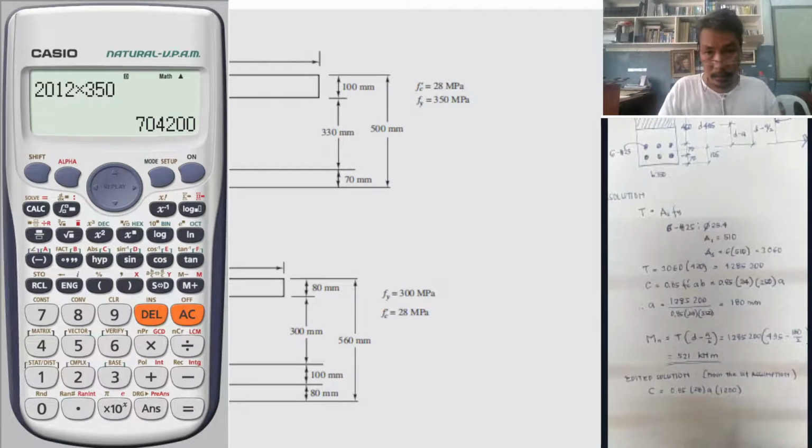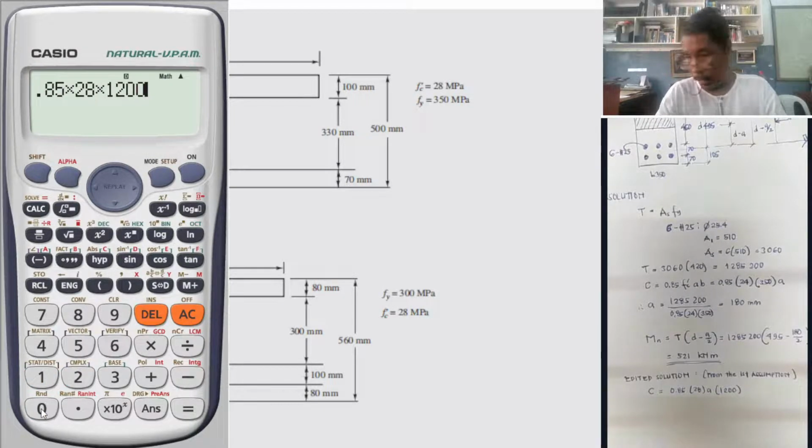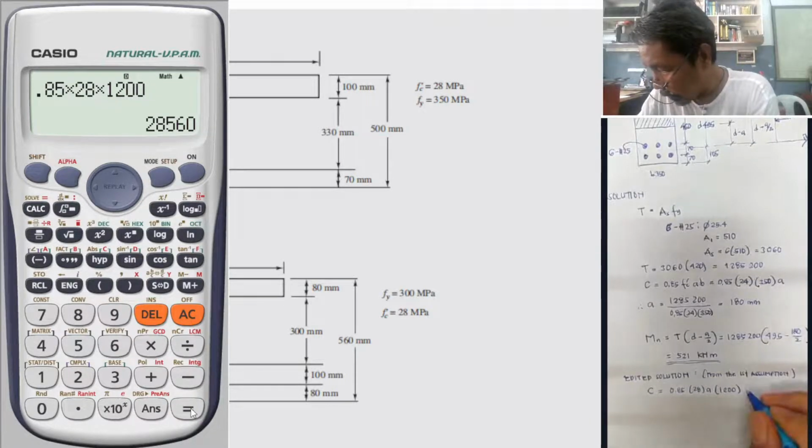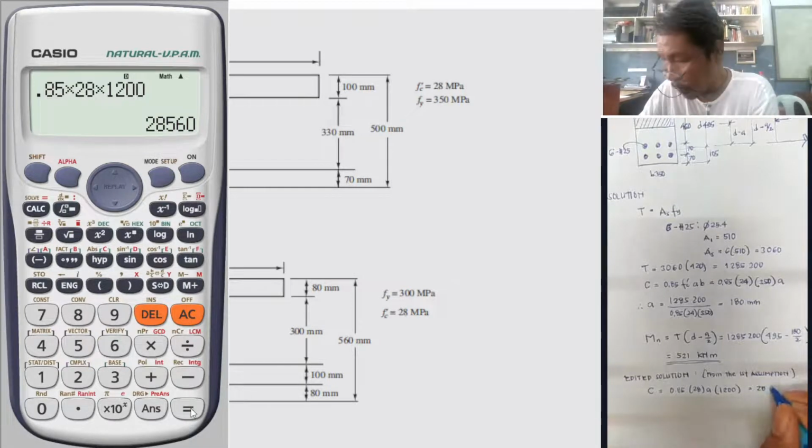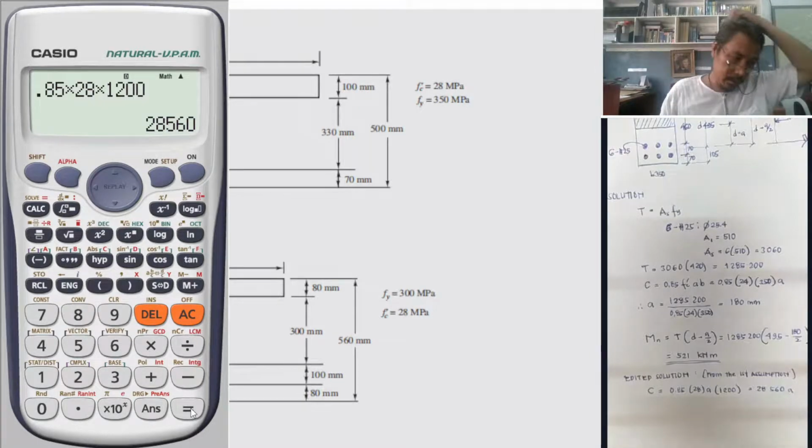So let us compute that in our calculator. So 0.85 times 28 times 1,200. Okay? And that is supposed to be 28,560 times a.